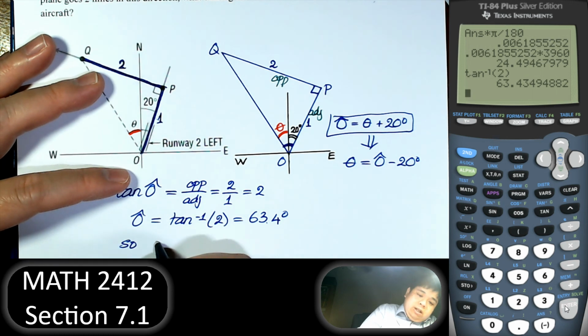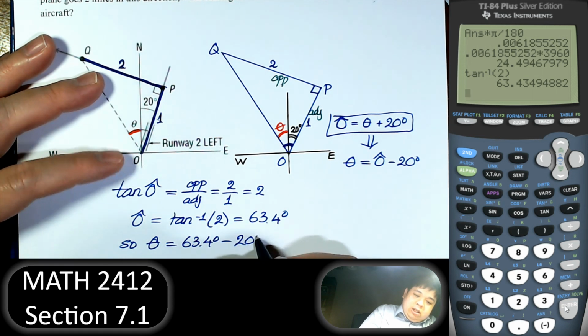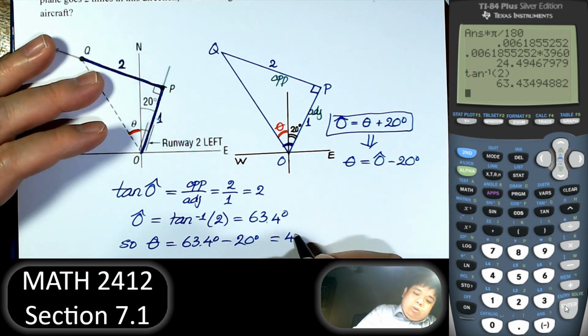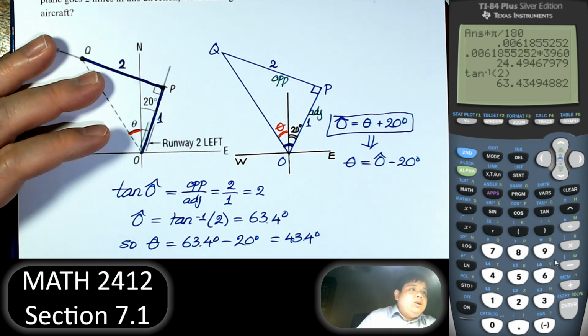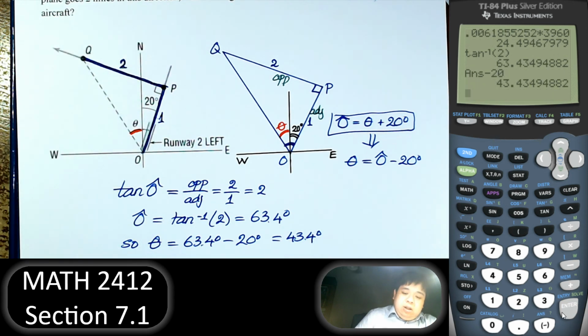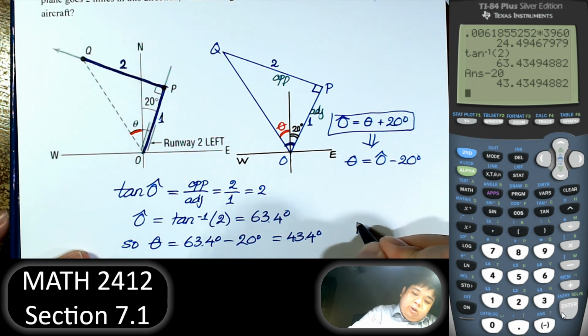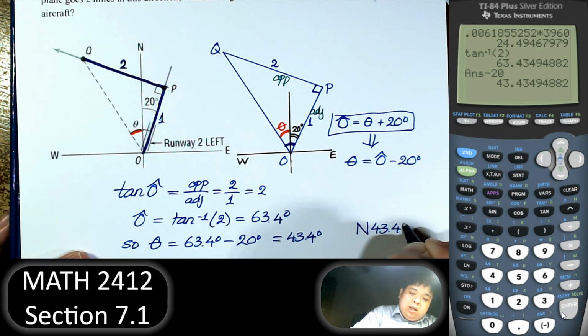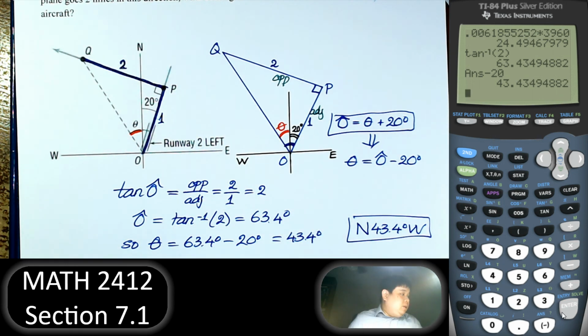So the angle theta is equal to that minus 20 degrees, which gives us 43.4 degrees. And so the bearing will be north, we go 43.4 degrees on the west side. So that is the new bearing of the plane.